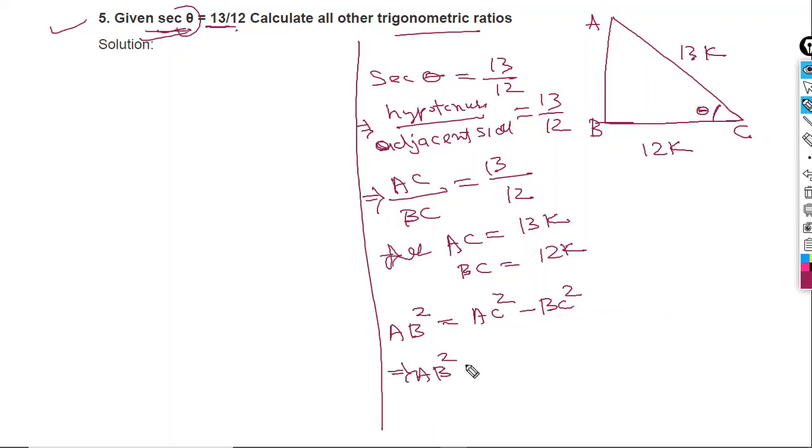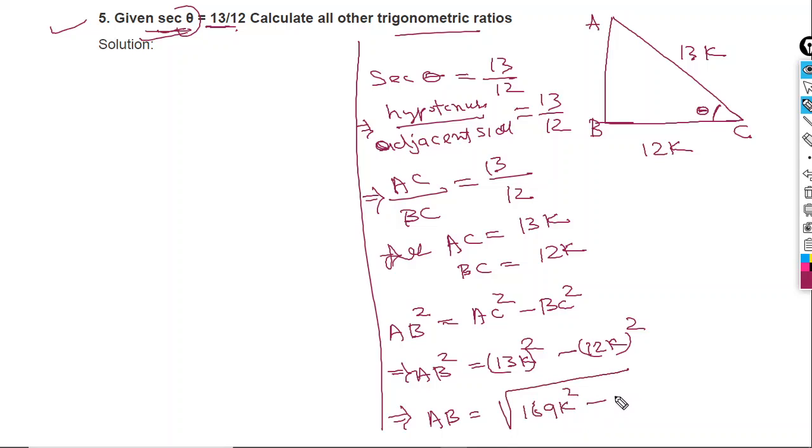AB will be equal to root over of 169k square minus 144k square, which is root over of 25k square, which is equal to 5k.